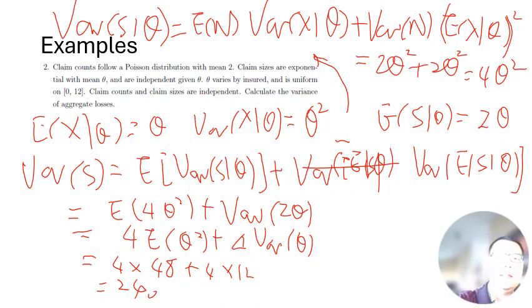Here, because theta follows the uniform distribution, we can get E theta is 12 divided by 2 equals 6.